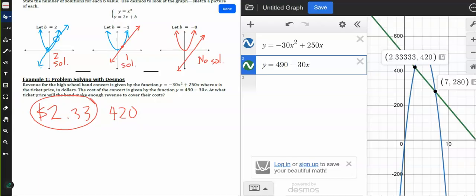Your revenue would be going up, but your costs would not be going down. That's a strange situation. I don't understand how we have fixed costs, and as the ticket price gets higher, I think, you know what?